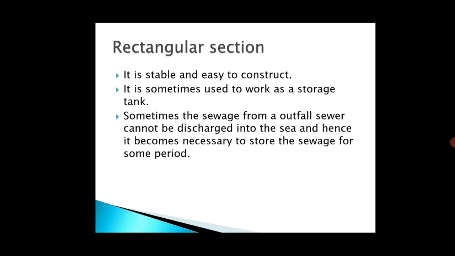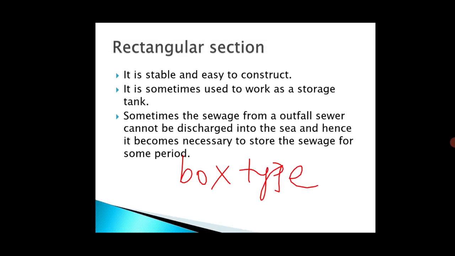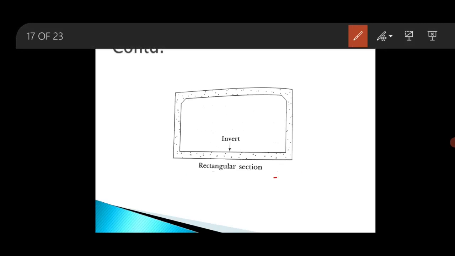Next one is rectangular or box type section. This rectangular section is also known as box type section. Okay, the rectangular or box type section is stable. This is the diagram of a rectangular section. This one is stable and it is easy to construct.